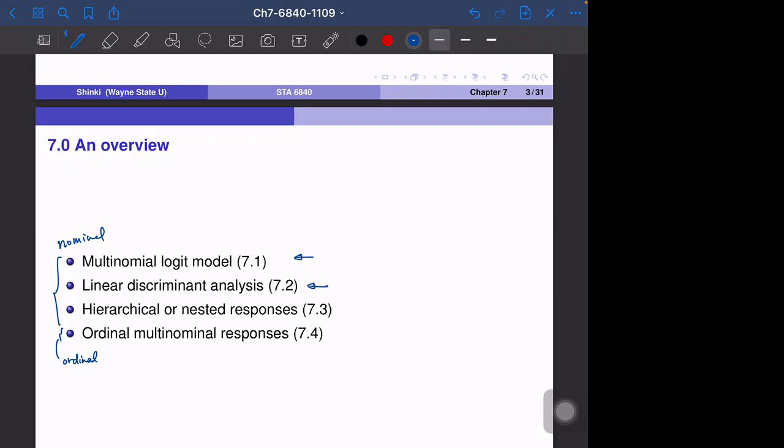This isn't very new, but if a few categories are nested in one larger category, sometimes we need 2 steps to analyze the entire set of categories, so there is just an explanation for that. And in 7.4, we use models somewhat similar to logistic or probit models, which can be applied to ordinal data.